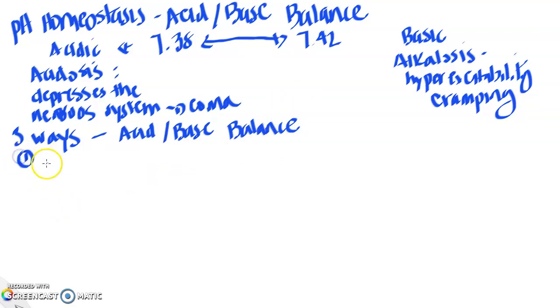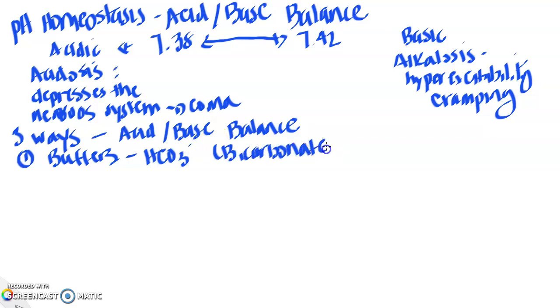The first way is buffers. So we're talking about bicarbonate. This is something we went over in AP1 when we talked about pH and the buffer system.